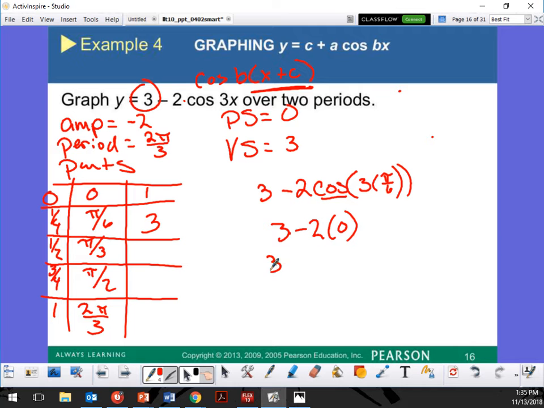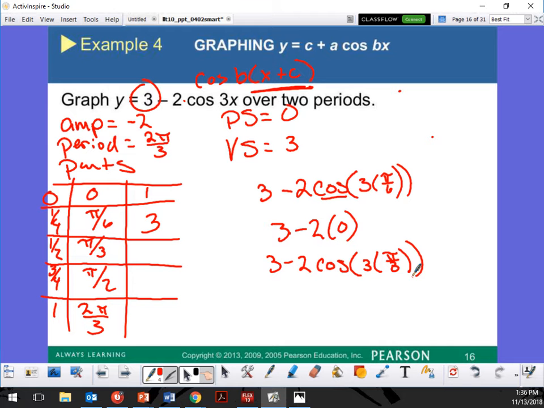Next is 3 minus 2 cosine of 3 times pi over 3. 3 times pi over 3 is 1 pi.